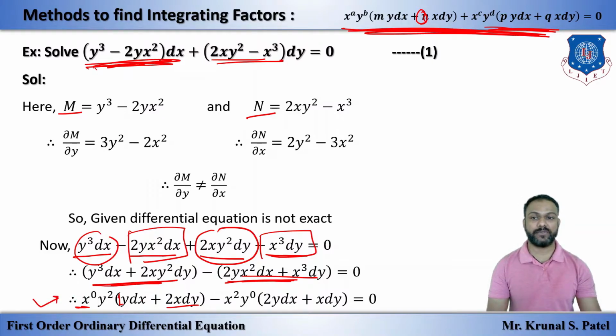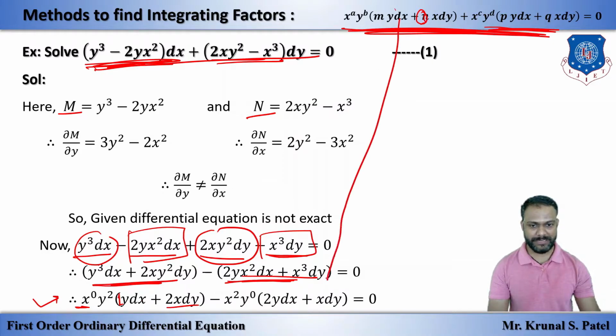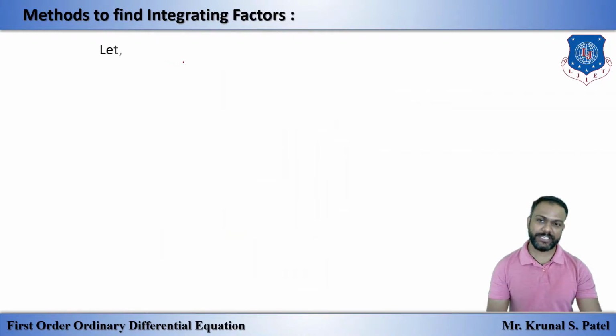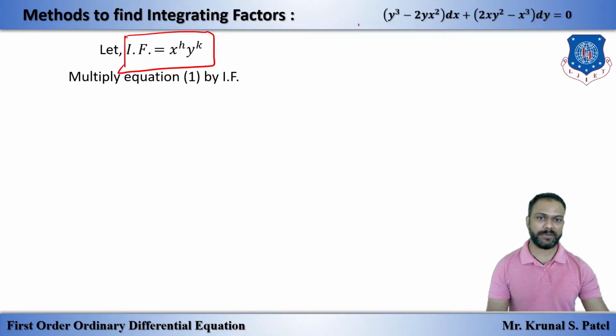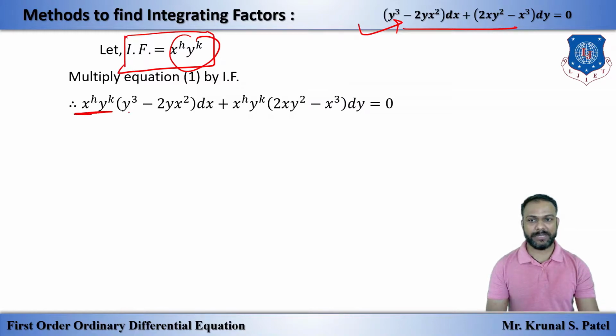If the given differential equation is not exact and is in this form, then the integrating factor is x raised to h, y raised to k. So now we start with this IF. We multiply it with equation number 1. What is equation number 1? This is our question. So multiply x raised to h, y raised to k to this equation, and now multiply this in the bracket.